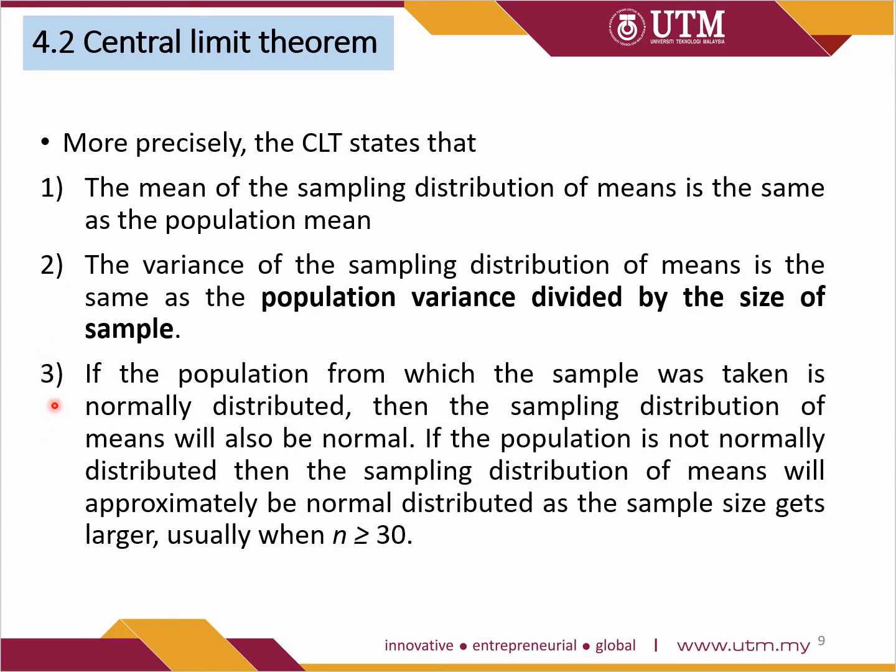And the third is, if the population from which the sample was taken is normally distributed, then the sampling distribution of means will also be normal. But if the population is not normally distributed, then the sampling distribution of means will be approximately normal as the sample size gets larger, usually when n is greater than or equal to 30. So that is about the central limit theorem.